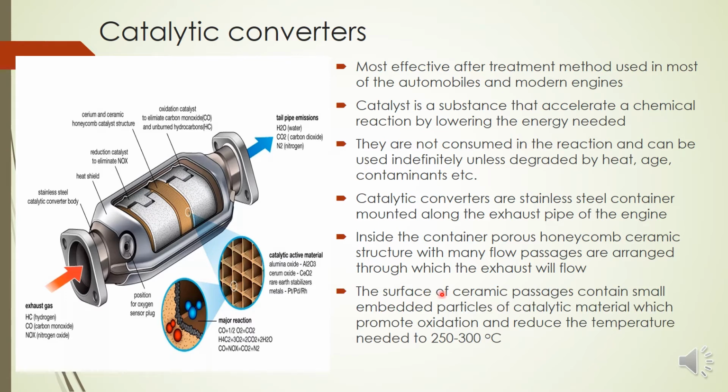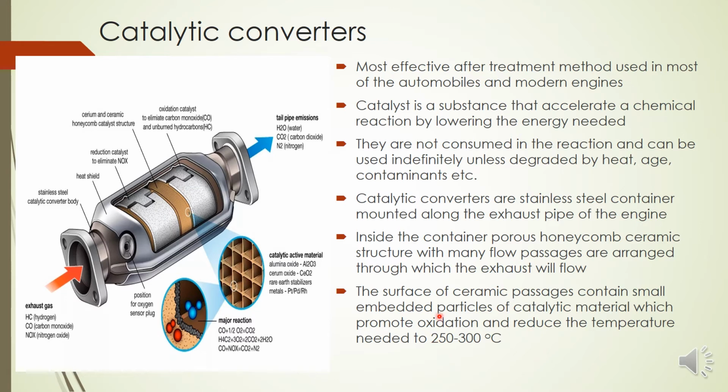And the surface of these passages will contain small embedded particles of catalytic material. So we will be embedding this catalytic material along these passages and it will reduce the temperature required for oxidation. We already saw that the temperature required for oxidation of carbon monoxide is 700, for hydrocarbon it is 600.